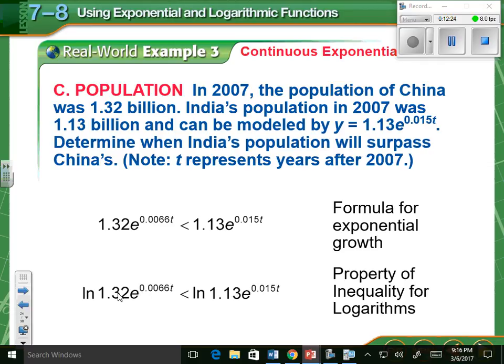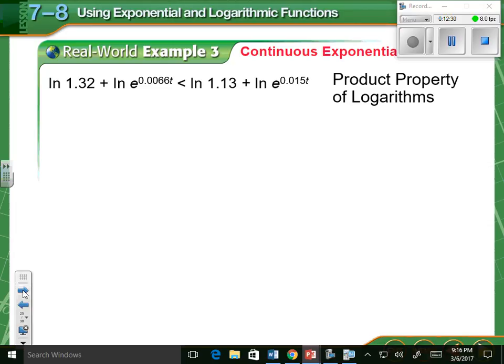So we take the natural log of both sides. And since it's multiplication, we can break it up into two different logs. The natural log of e cancels, and we're just left with 0.0066t.